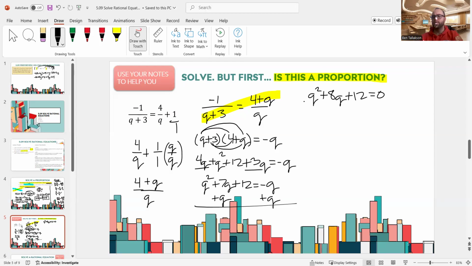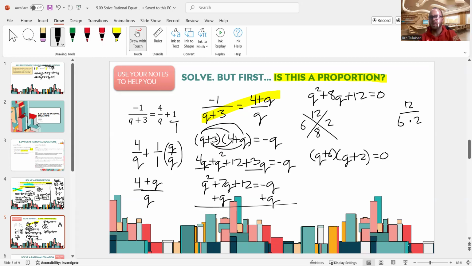Quadratic, leading coefficient of 1, right? So the X method should be our go-to strategy. There we go. Factors of 12. Let's see, we have 6 and 2. Well, those add to 8. That was easy. So what do we have? We have q plus 6 times q plus 2.